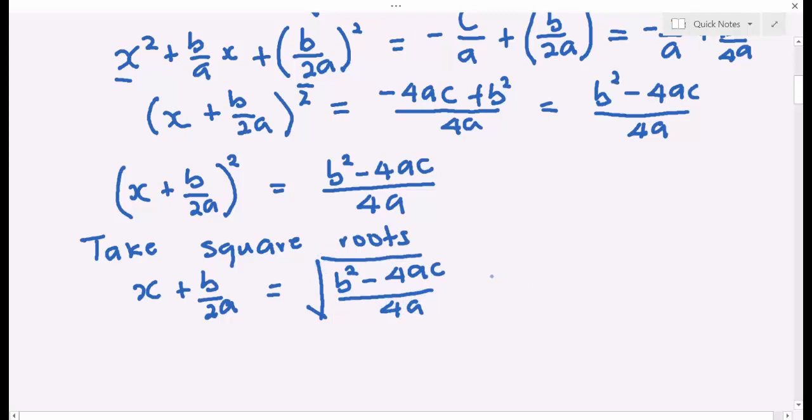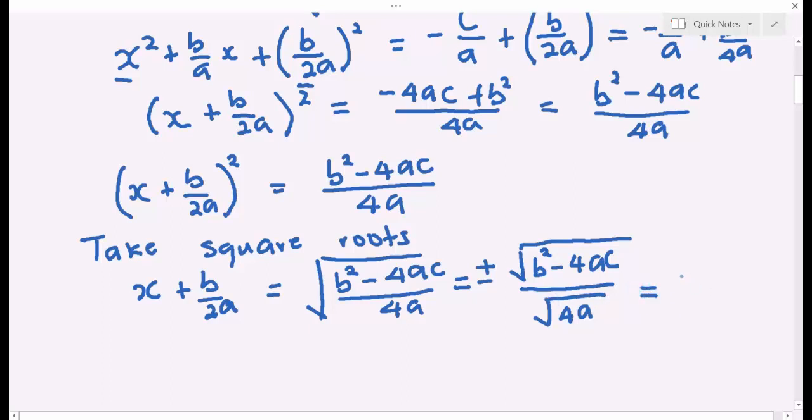So if we go by the rules of roots, remember it's plus or minus the square root of b squared minus 4ac over the square root of 4a.